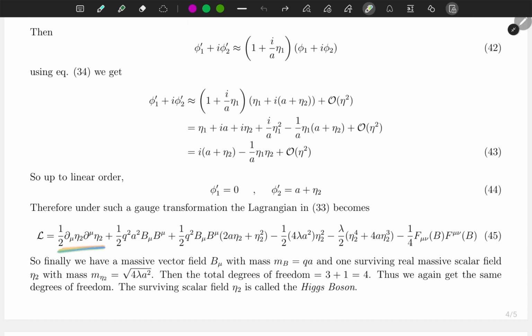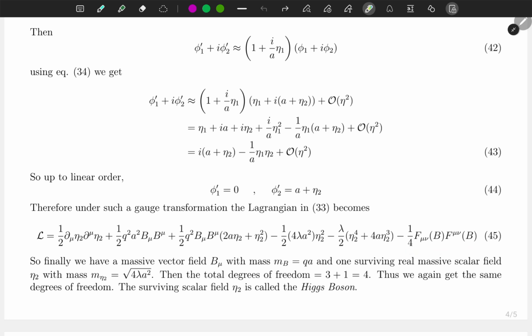So you have the kinetic term of the eta 2 field, you have the massive vector field b mu with mass qa, and this is another term, you can say a mixing kind of term involving the b field and eta 2 field. This is the mass term of eta 2, so mass is root 4 lambda a squared, and this is also an extra term you got, and this is the kinetic term of the b field.